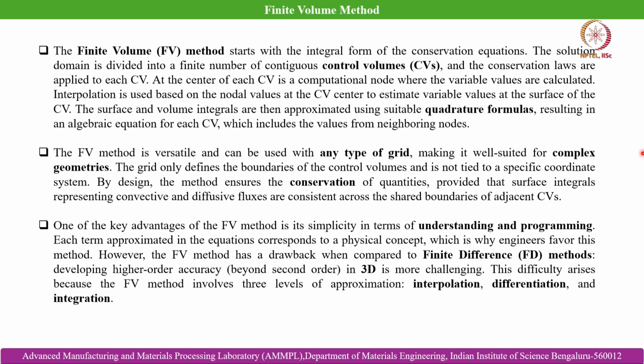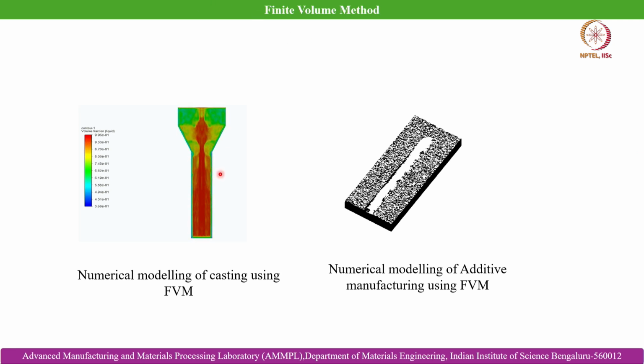So, developing higher order accuracy beyond second order in 3D is challenging in case of the finite volume method. This difficulty arises because the FV method involves 3 levels of approximation, that is interpolation, differentiation and integration. So, for your ease of understanding, these are two classic examples of application of the finite volume method to simulate the solidification transport phenomena in case of a solidifying billet.